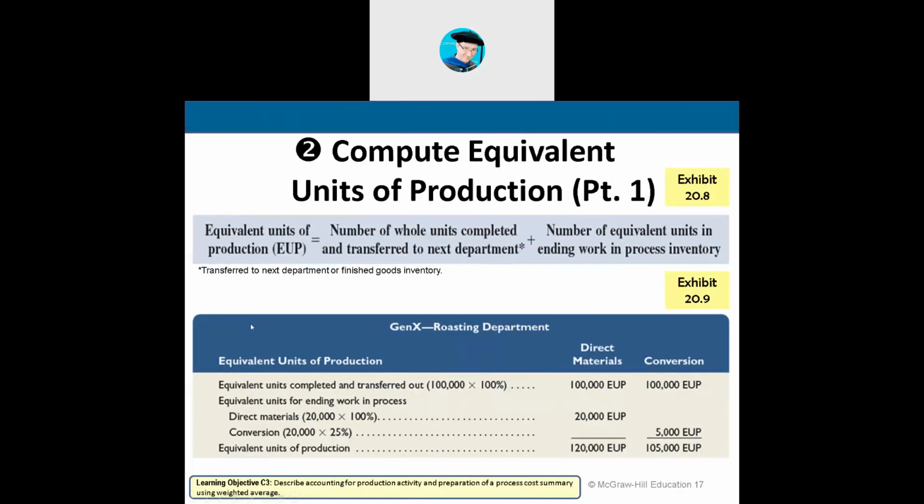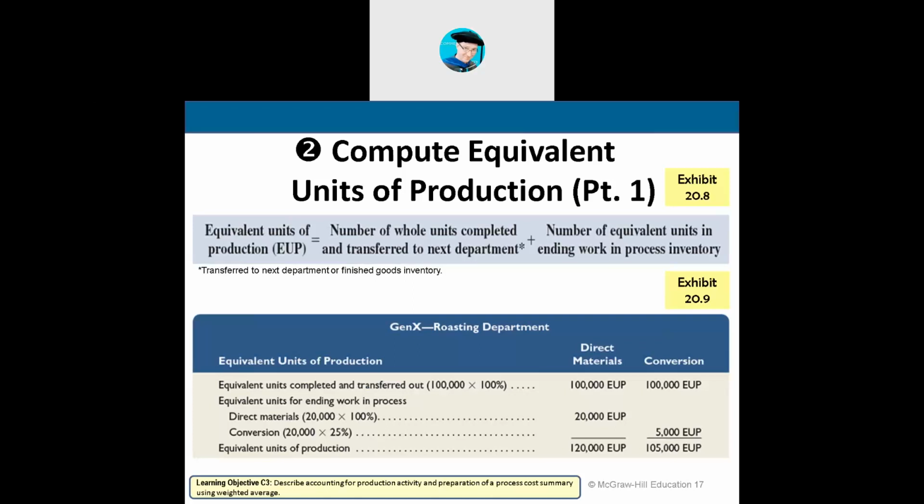Step 2, compute the equivalent units of production. Number of whole units completed and transferred out of the next department plus the number of equivalent units ending work in process inventory. Now is 120,000 units, equivalent units of production.